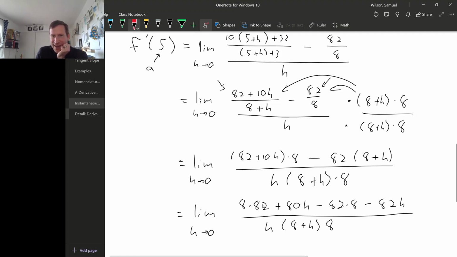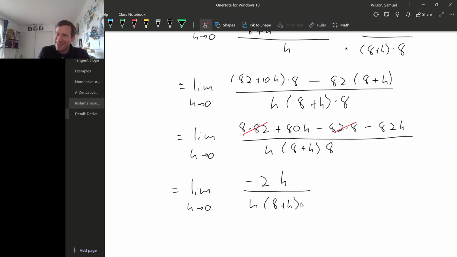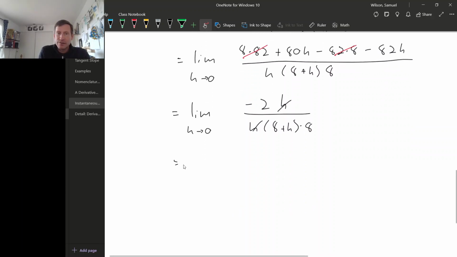Now in the numerator, yeah, this 8 times 82 cancels, so I don't have to work that out. And we're left with limit as h goes to 0 of 80h minus 82h, that's minus 2h, over h times 8 plus h times 8. And now we can simplify our h's. So we get limit as h goes to 0 of minus 2 over 8 plus h times 8.